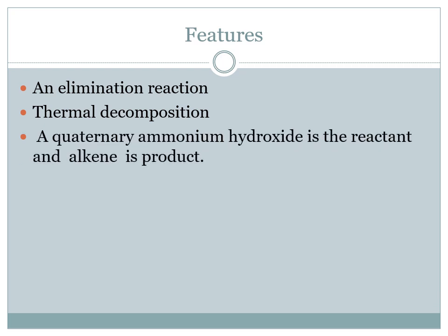So quaternary ammonium hydroxide acts as the main reactant, which leads to the product alkene, and the leaving group is trialkyl amine, that is a tertiary amine.